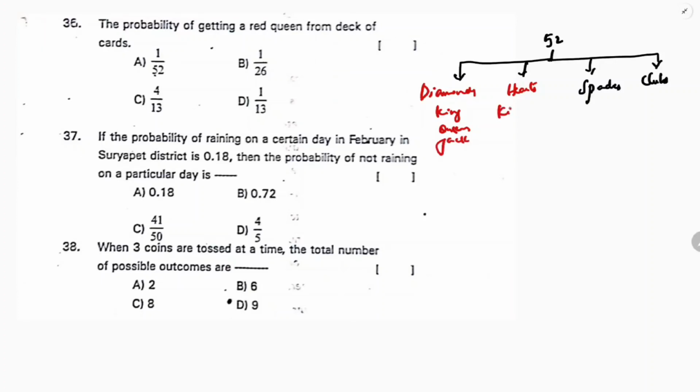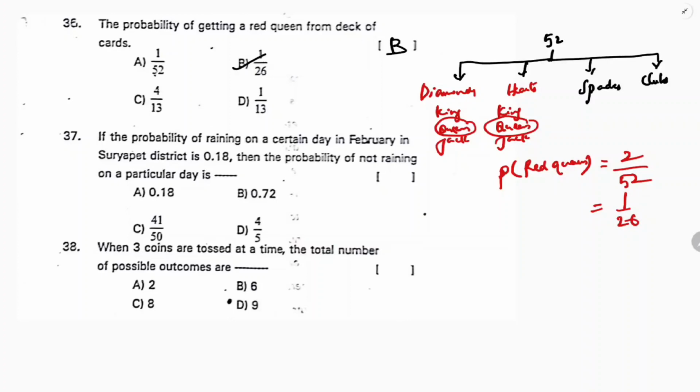So here also king, queen and jack. So we have red queens, 2. So probability of a red queen is number of favorable outcomes, which is 2, over total 52. So 1/26, correct option is B.